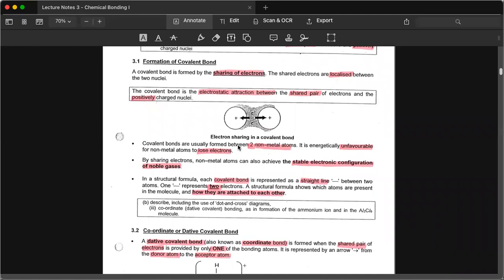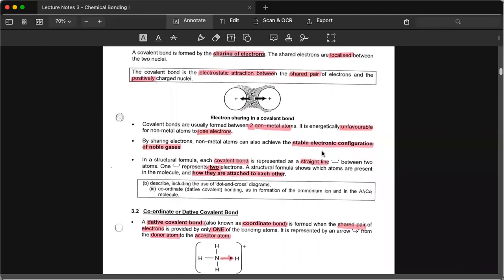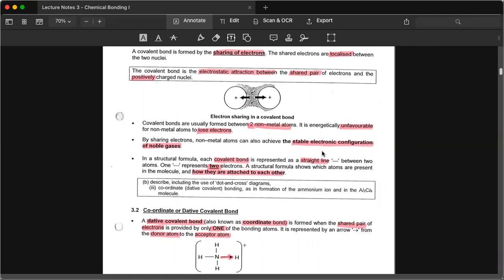However, there are exceptional cases where a covalent bond can be formed between a metal and a non-metal, for example, aluminium and chlorine. It is energetically unfavorable for non-metal atoms to lose electrons. By sharing electrons, the non-metal atoms achieve the noble gas configuration.